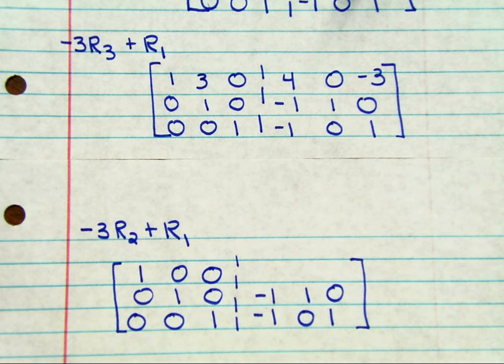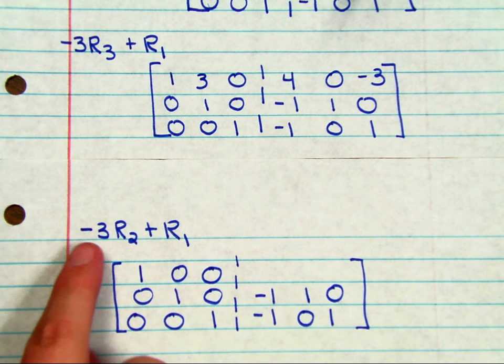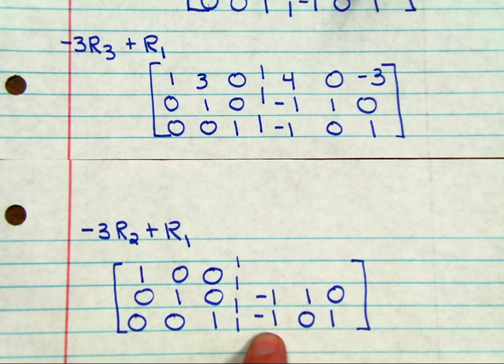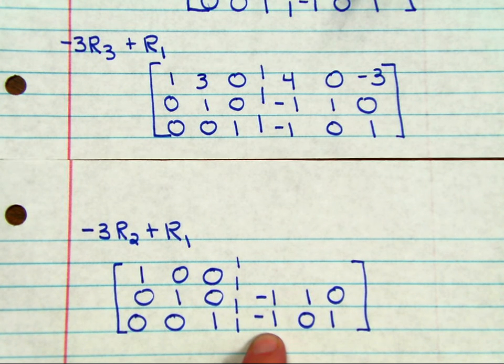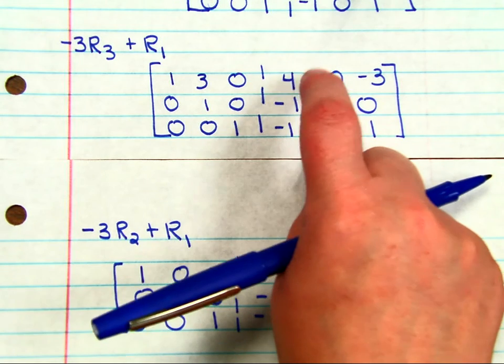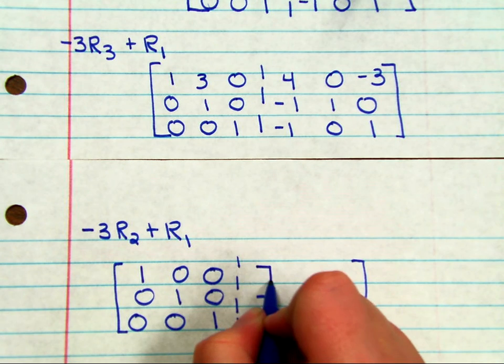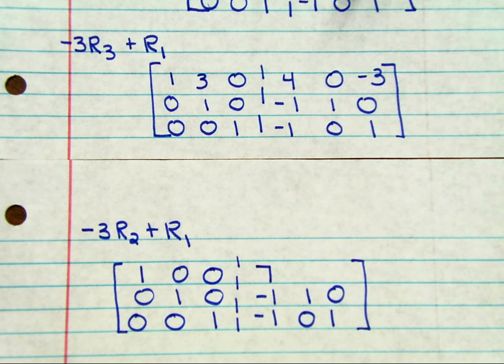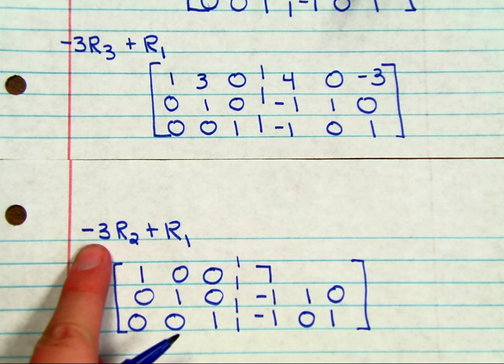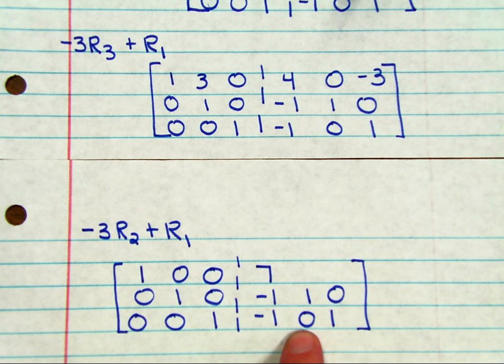Okay? So, negative 3 times a negative 1 would give me positive 3, and then if you look, I already have a 4, so that would be 7. Negative 3 times 0 would be 0, so I'd have a 0 here.